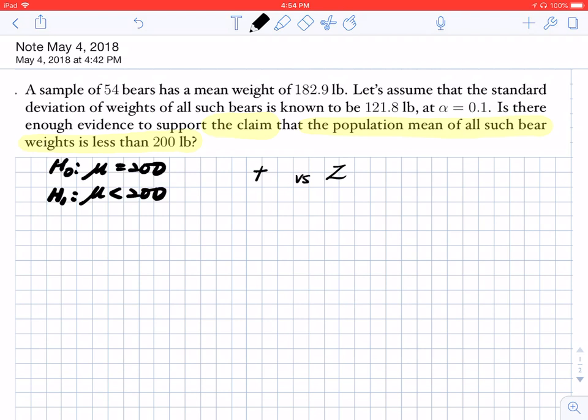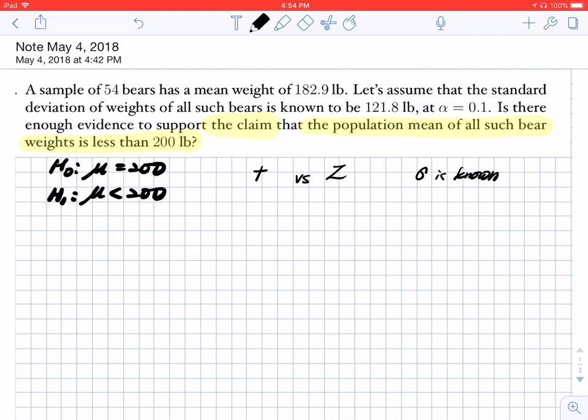The most important part in choosing between them is the population standard deviation. If the population standard deviation sigma is known, we use the standard normal Z, and if it is not known, we use T.